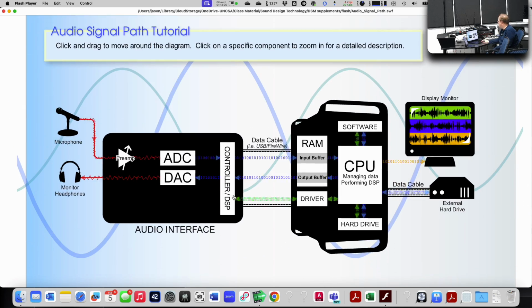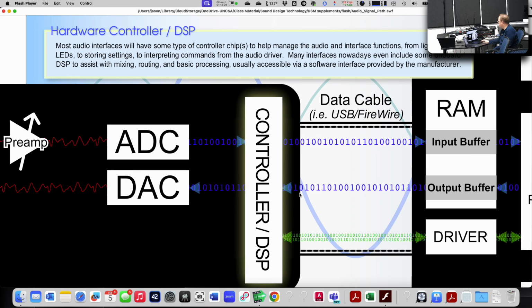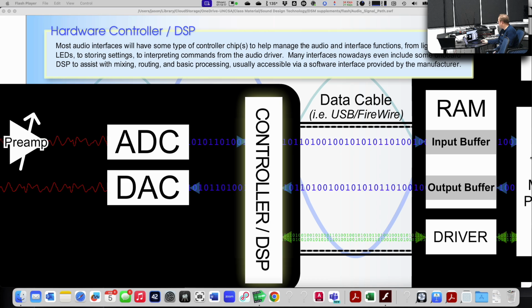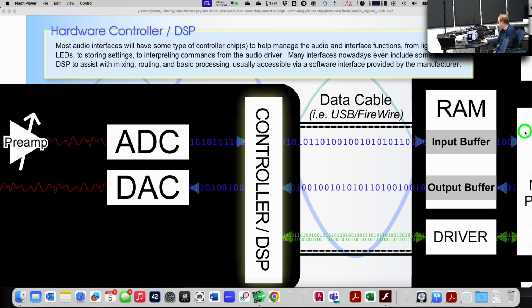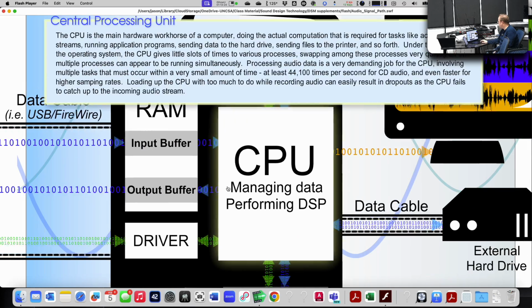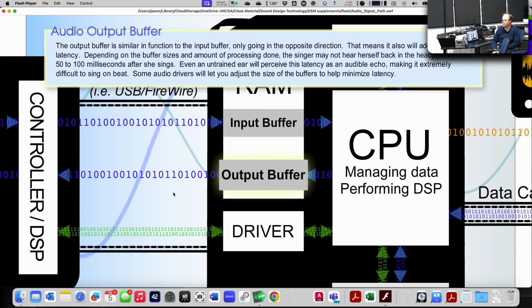Okay, so at some point, the audio is going to be sent back out for you to listen to, so you can hear what the computer did. The computer's going to pull it off the drive, do the stuff to it in the CPU, and then send it back into RAM into something called an output buffer.